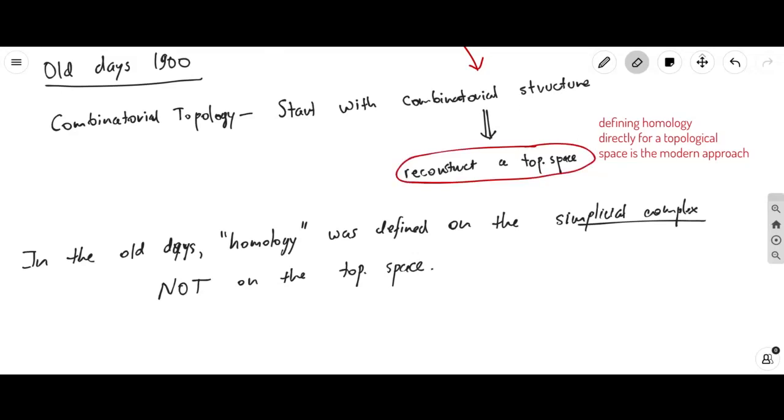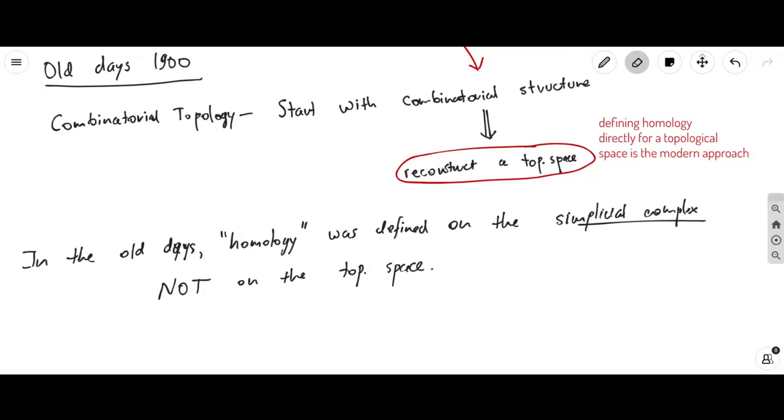But it's also better because you can have a more bizarre or more difficult topological space that cannot be described as a simplicial complex, and our previous definition that we talked about last class still applies. It applies to any topological space. We do not have to limit ourselves to the kind of topological spaces that we are allowed to use.